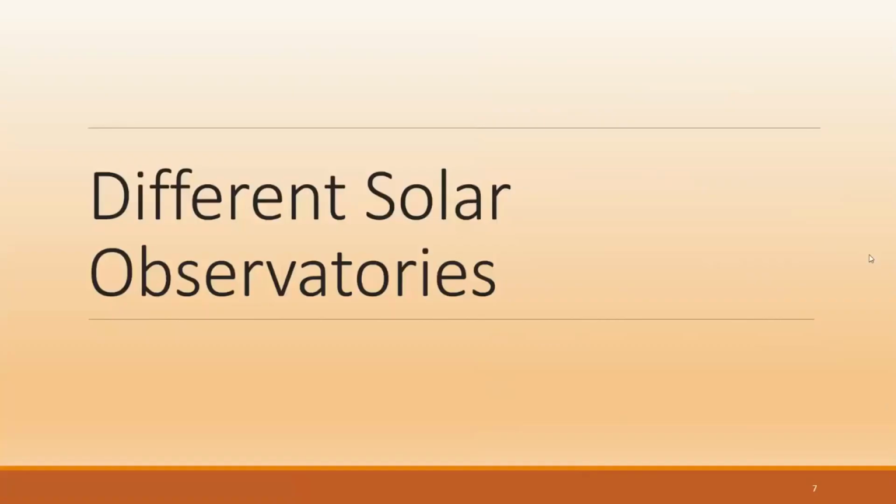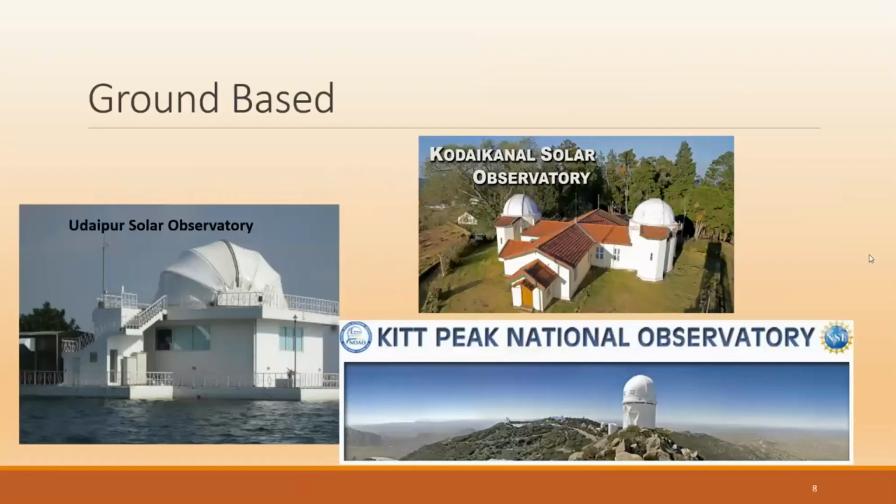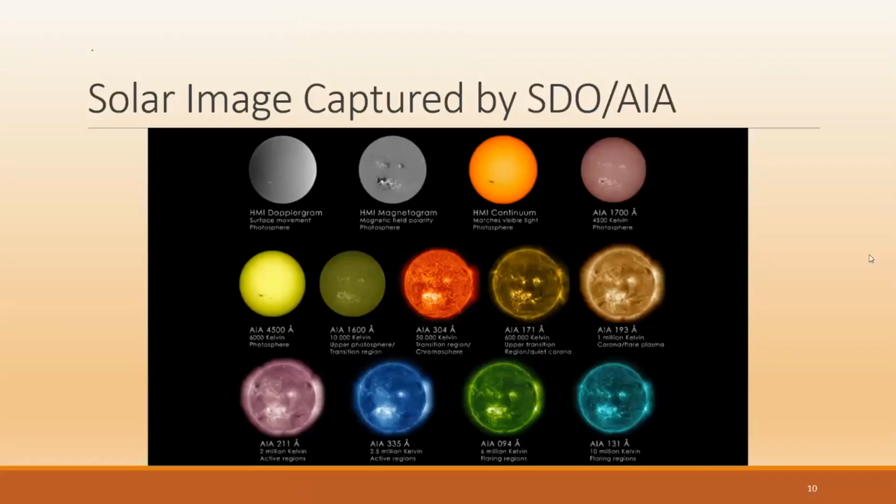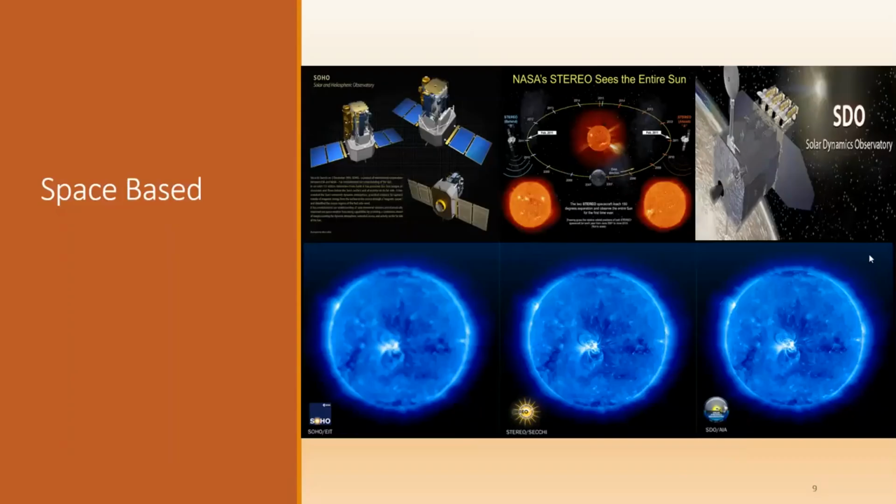There are different solar observatories actually. Some are ground-based and some are space-based. I have used data from the space-based Solar Dynamics Observatory for detecting the solar coronal hole region, for two reasons. First, as I said, the solar coronal hole can be observed in extreme ultraviolet images.